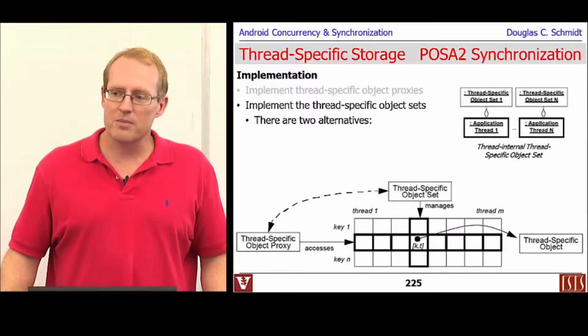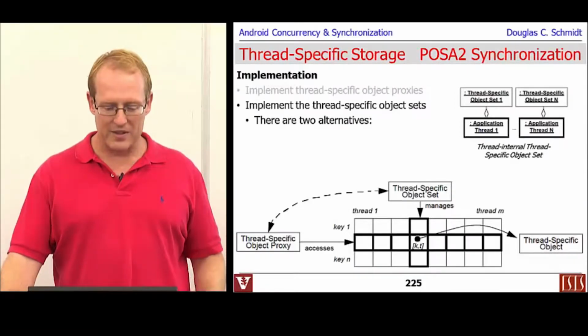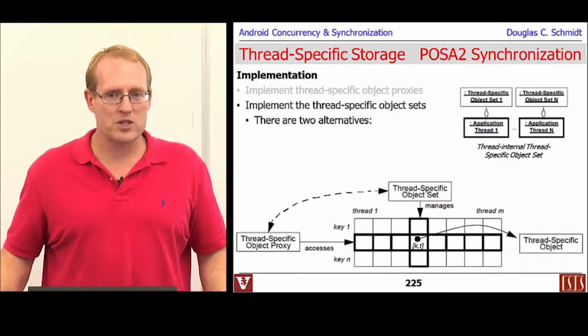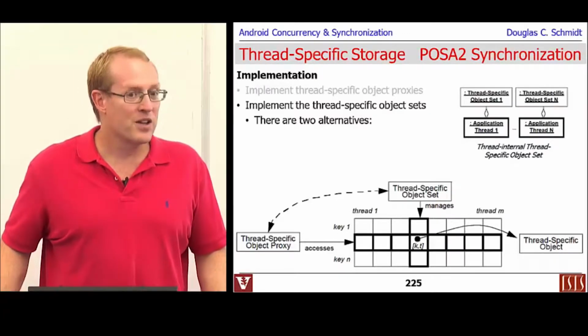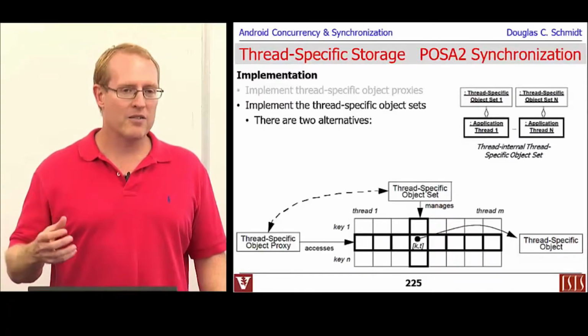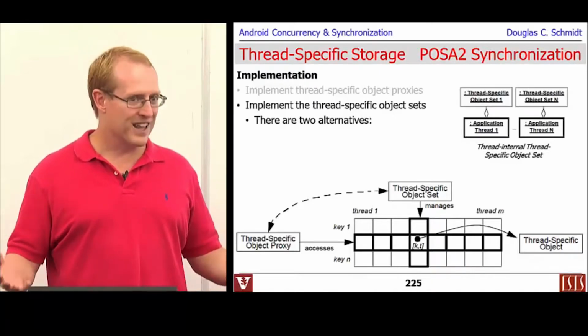The next thing you need to do is implement the thread-specific object sets. And as Sean pointed out, there's a couple different ways to do this. One way, which is typically the way things work if you use thread-specific storage that's actually implemented as part of the runtime system of your threading library.